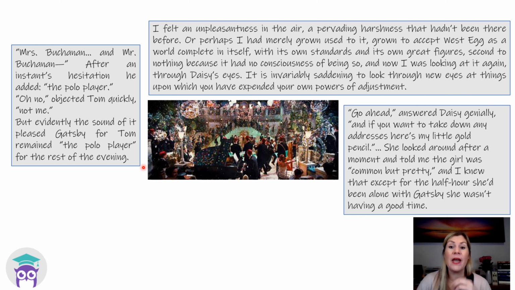We've already heard earlier in the chapter that Tom is seeking an oblivion at this party, and Daisy knows exactly what that means. "Go ahead," answered Daisy genially, that adverb of manner suggesting it's all a bit of a joke. "And if you want to take down any addresses, here's my little gold pencil." So she's basically saying, I know you're going to be meeting women. Go on, take my pen. Make it easier for yourself. So there is a confidence that she has here to call him out.